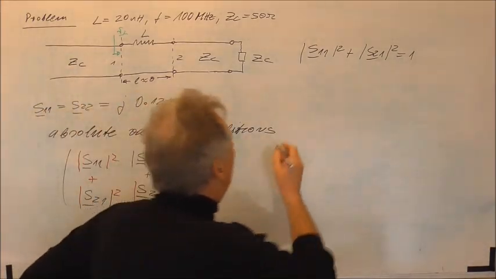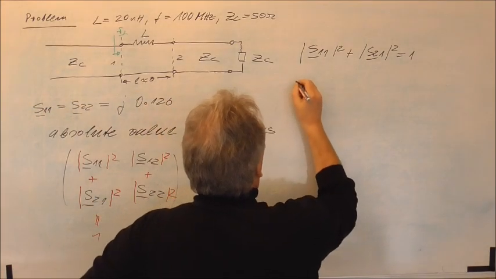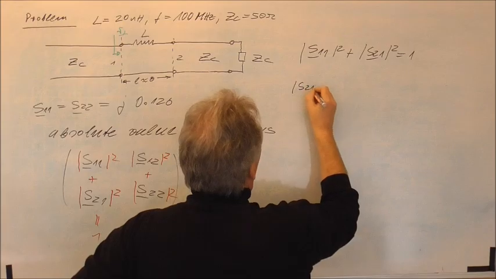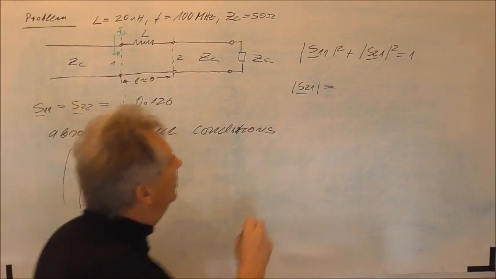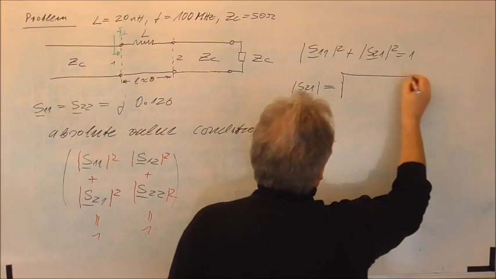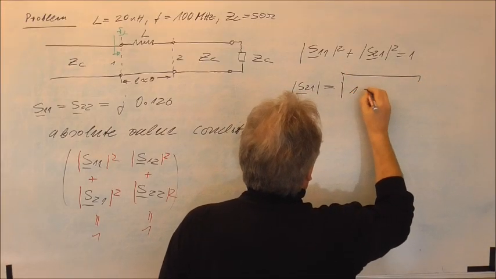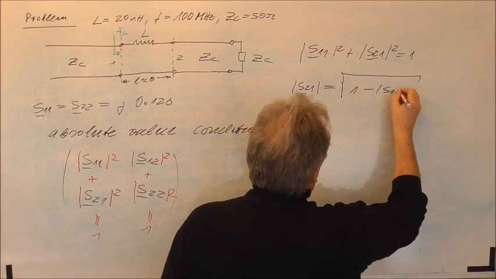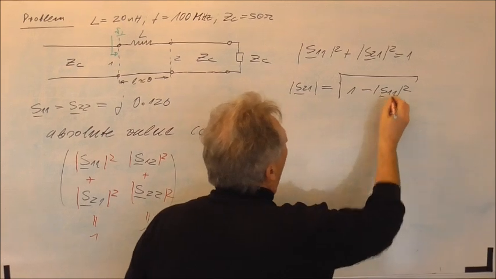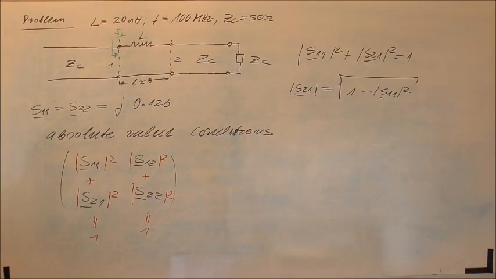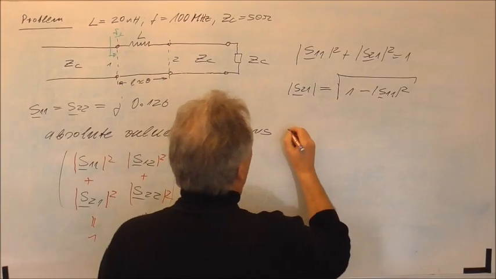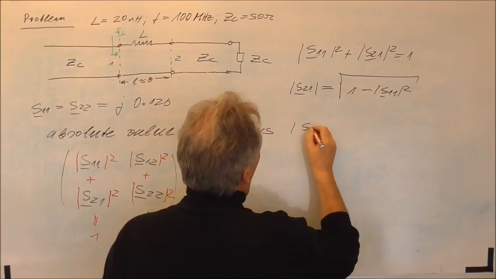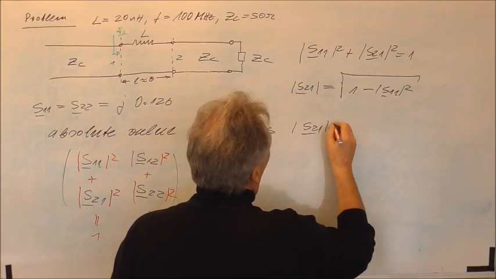Or I can say that the absolute value of S21 is equal to the square root of 1 minus the absolute value of S11 squared. So this is the condition, and from this equation we easily can calculate S21.